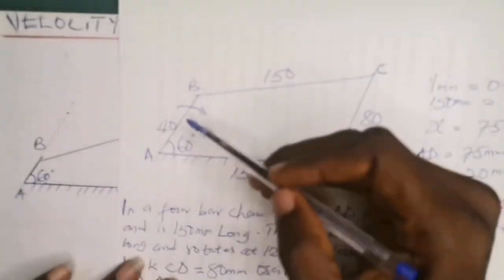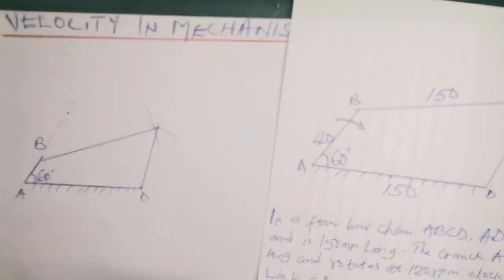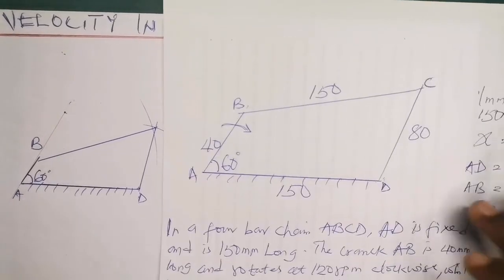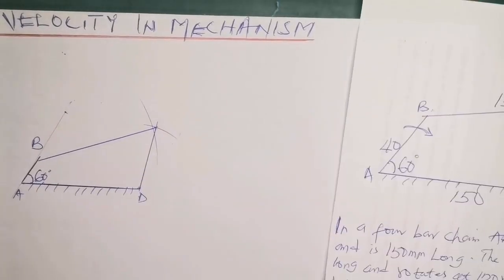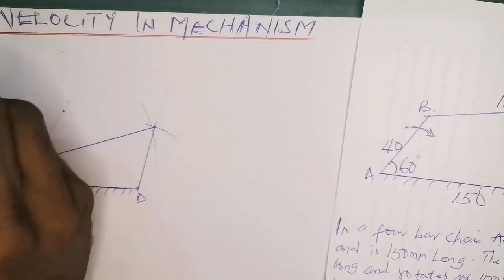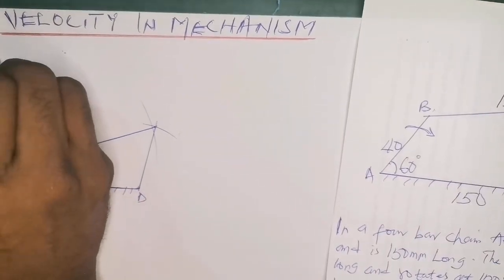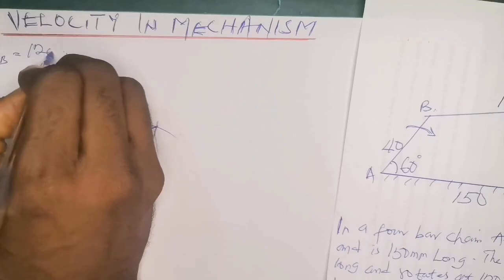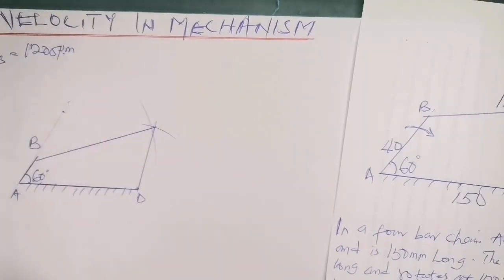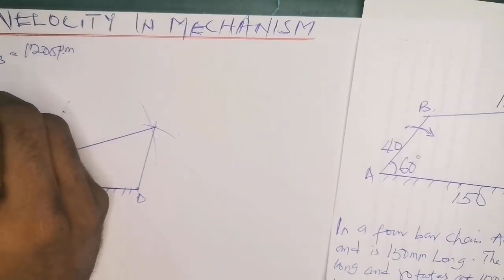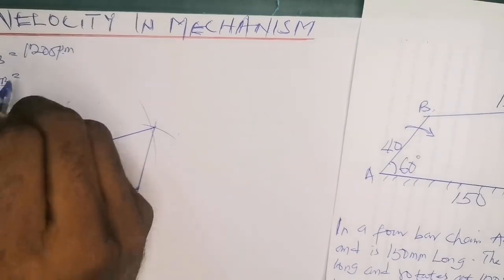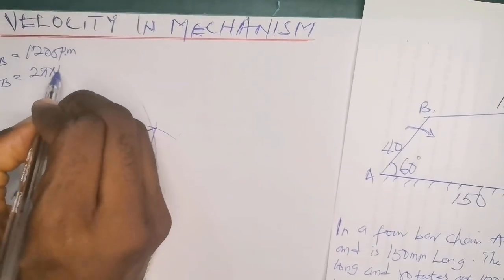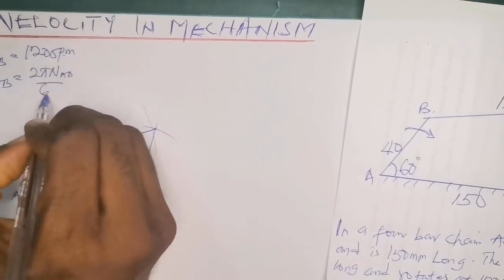It was also indicated here clockwise. So this arm AB is making a rotation of 120 rpm. So the speed of rotation of AB, NAB, was given as 120 rpm. If this is known, it means you can find the angular speed of AB by formula. Angular speed is given as 2 pi NAB all over 60.